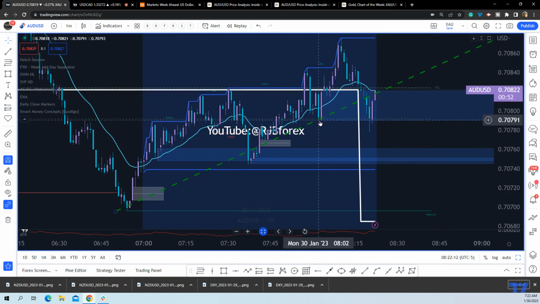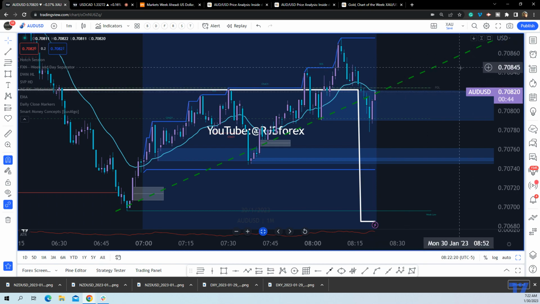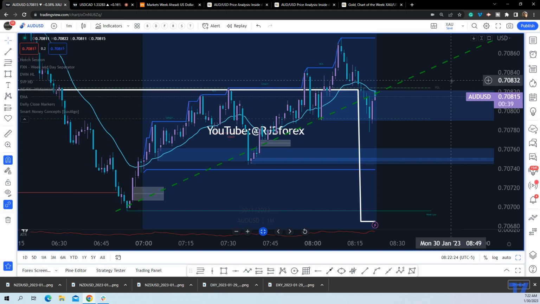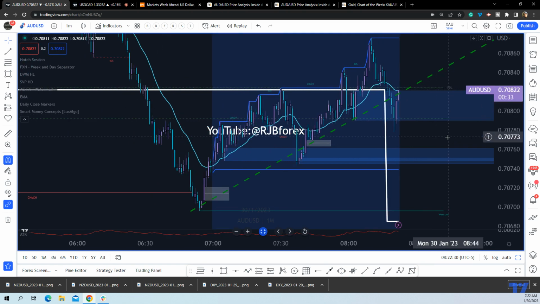Break of structure. Moving up into the M formation neckline. This is the previous day's low, coming up to.